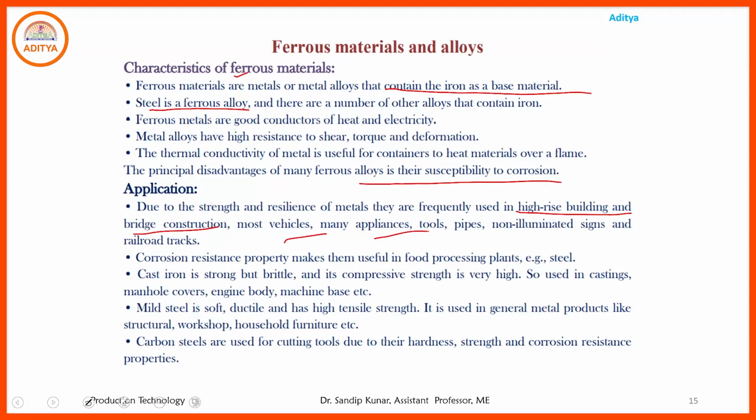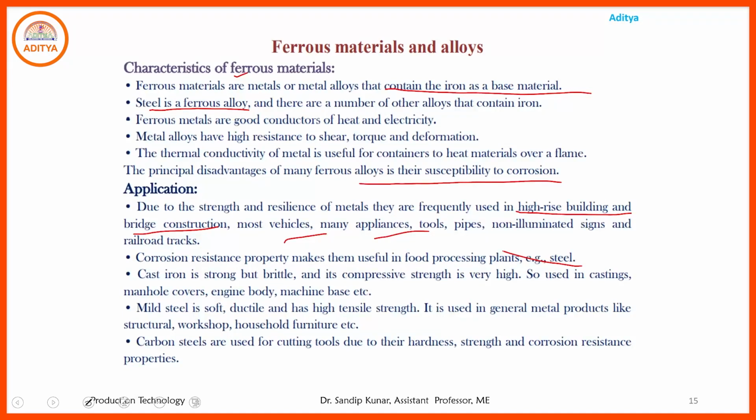So everywhere we have used ferrous materials, and to avoid corrosion, we have formed some alloy materials, with iron as the main constituent and some other materials added. For example, steel is also a corrosion resistant material.